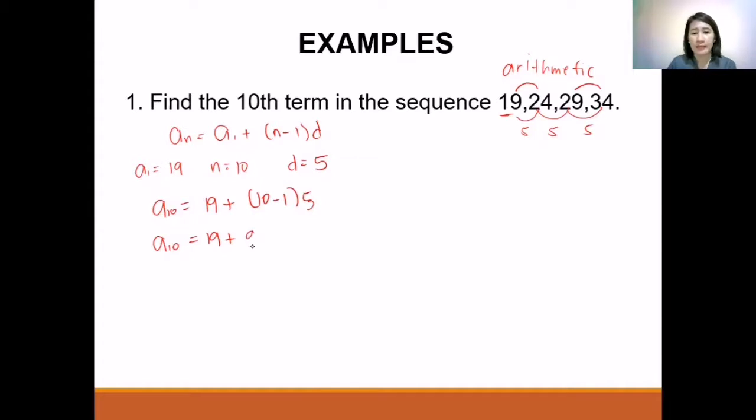So, 9 times 5. So, we multiply before adding. So, 19 plus 9 times 5 is actually 45. And then we add finally. So, 19 plus 45, that is 64. And our 10th term is 64, and that's the answer.